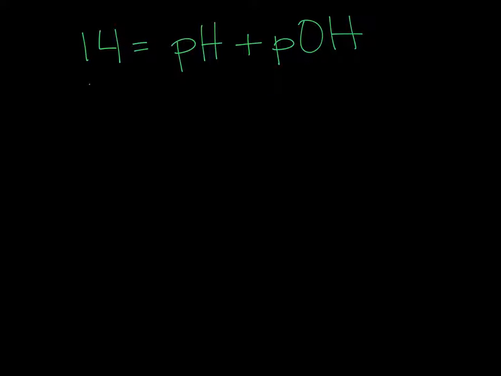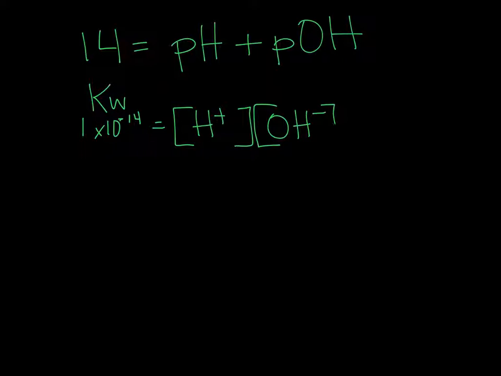Is your little equation. So remember, 14 is equal to pH plus pOH. Kw, which was 1 times 10 to the negative 14, was equal to your concentration of H plus times your concentration of OH minus. And remember, the H plus can also always be hydronium, which is H3O.